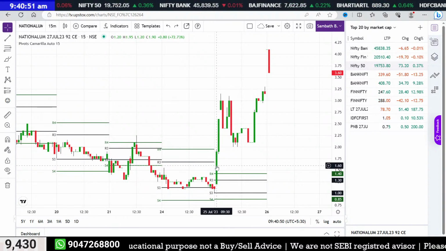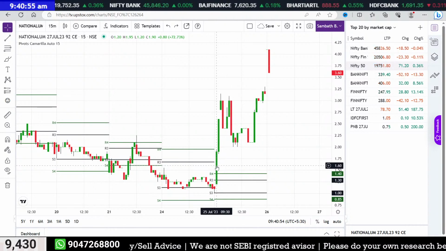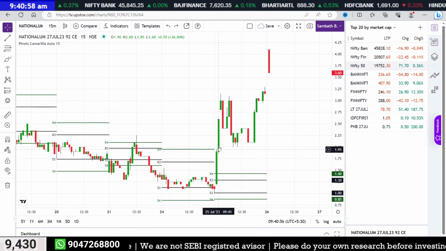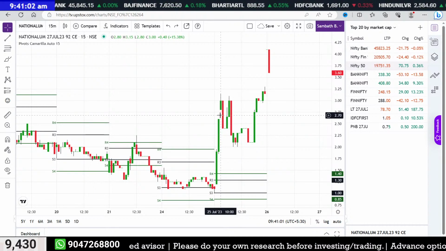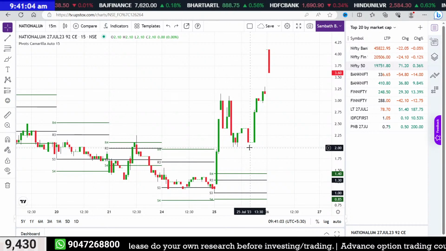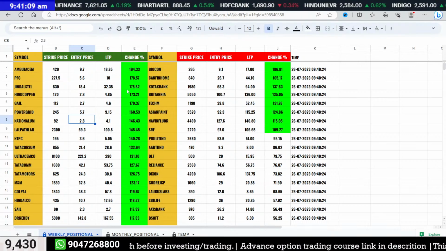But sorry, it's about yesterday, right? So at 9:30 it was triggered over 1.9, and 2.8 was triggered on the next candle on the same day. After that, it slightly moved down 2 rupees and then went up to 4 rupees. Okay, so we need to find that.